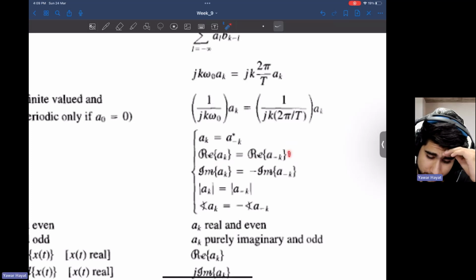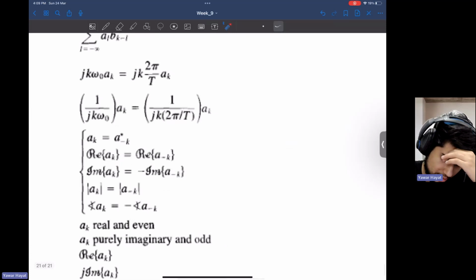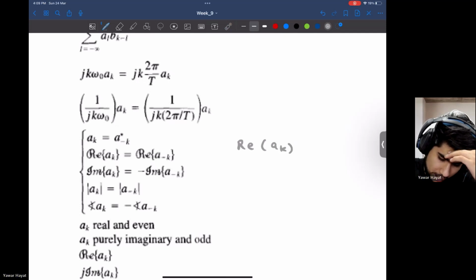I hope this is intuitive, right? Why? Because the real part of a_k would be the real part of a star of minus k, right?